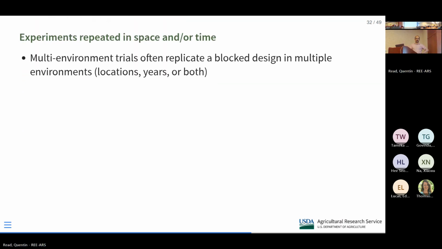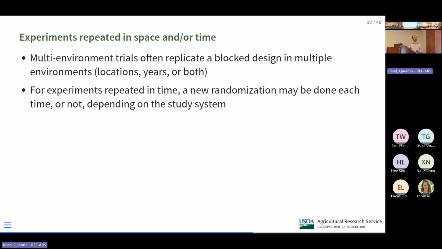So yeah, there's the idea that you can replicate experiments in space and time. Again, this is more relevant to people that are doing field experiments. If you do an experiment in multiple locations in multiple years, or not necessarily years, but multiple times, you want to re-randomize every time.